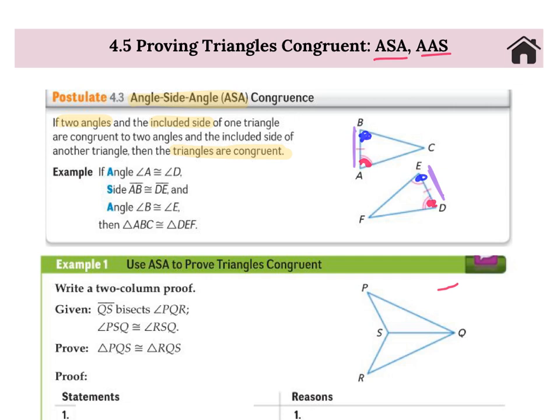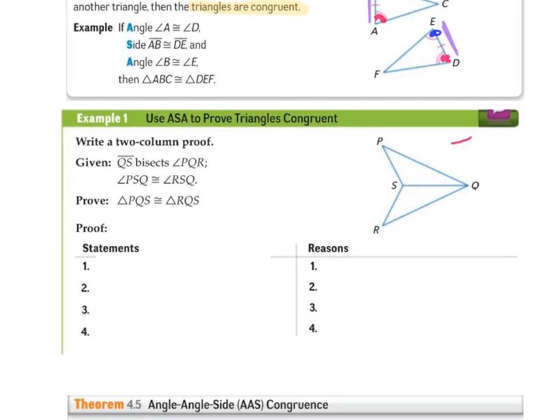Since we have angle, side, angle, or two angles and the included side, then both our triangles ABC and DEF are in fact congruent.